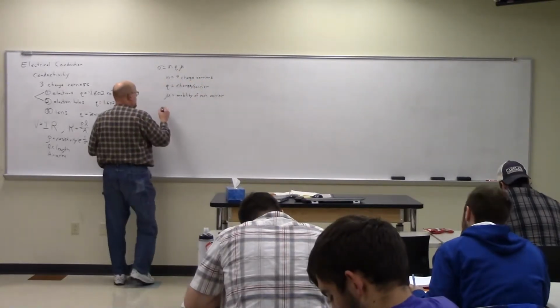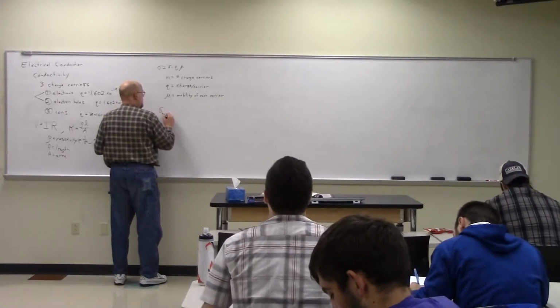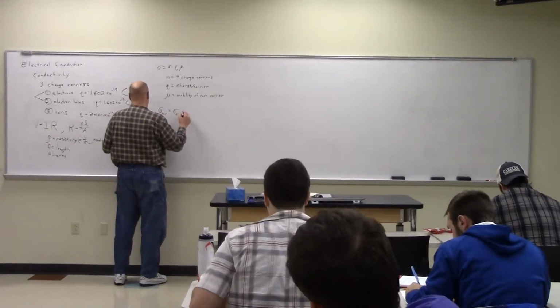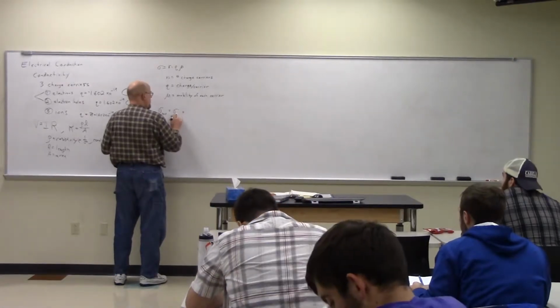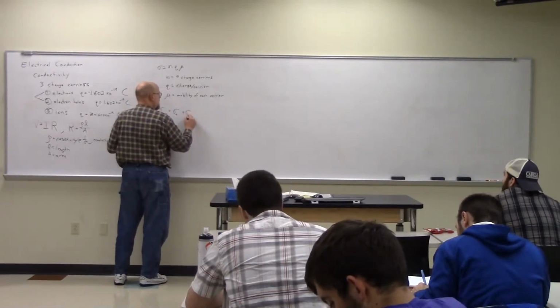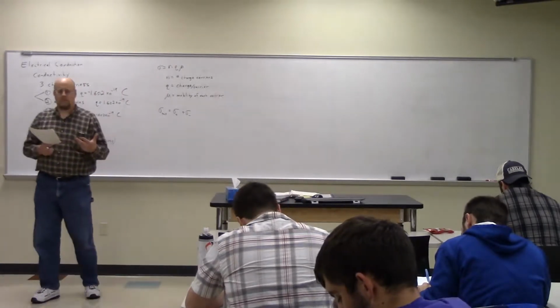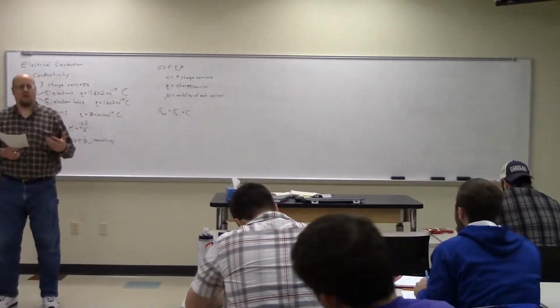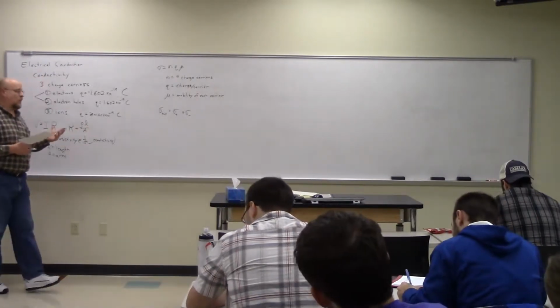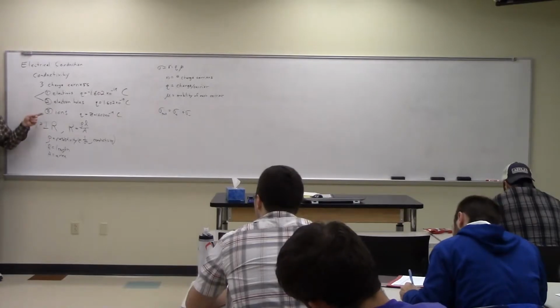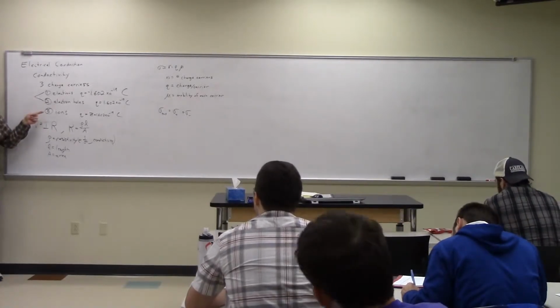So the total conductivity is going to be a combination of the conductivity of the positive and negative charges. If you think about it again in the magnetohydrodynamics case, I can move both chlorine ions and sodium ions in salt water.